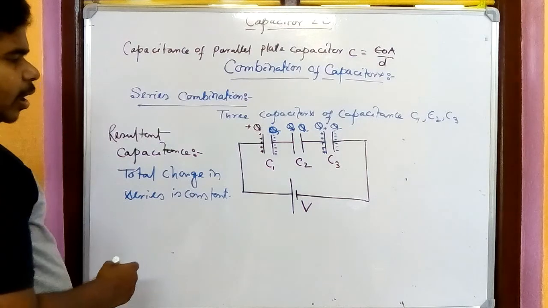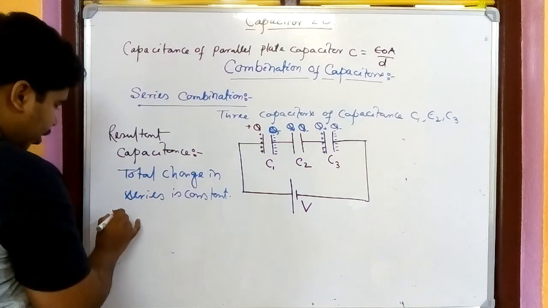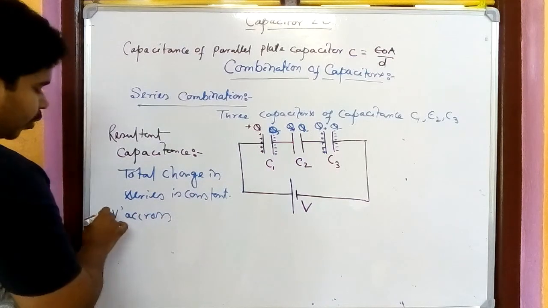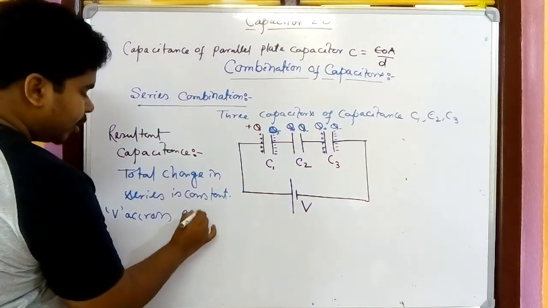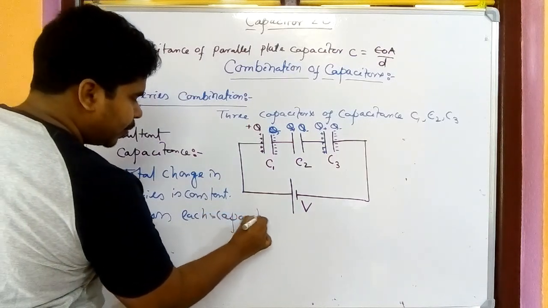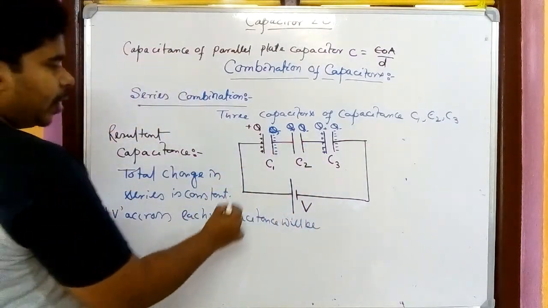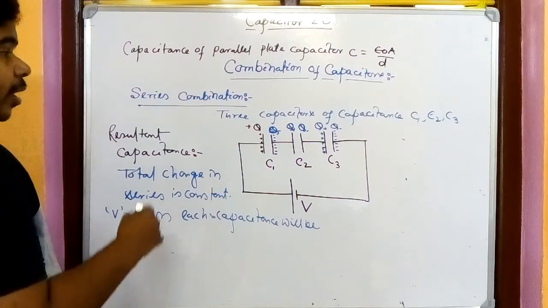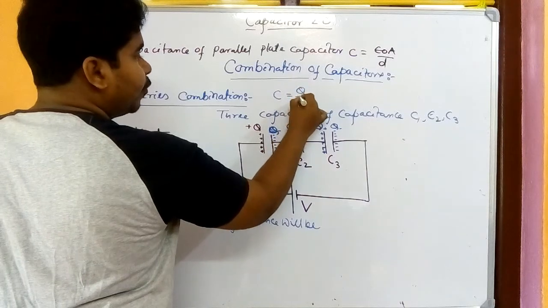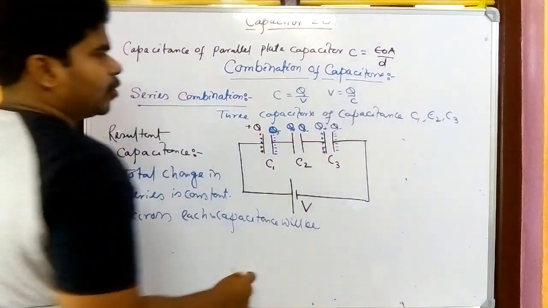So if the total charge is constant, the potential shouldn't be constant. V is the potential across each capacitance. We all know that C equals Q by V, or V equals Q by C, that we have learned earlier.